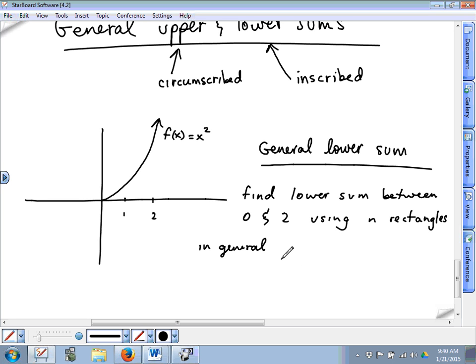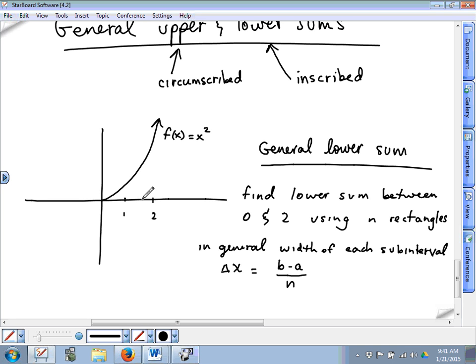okay, the width of each sub-interval, we're going to call that delta x, is equal to b minus a over n, where b is, in this case 2, that's where we end.